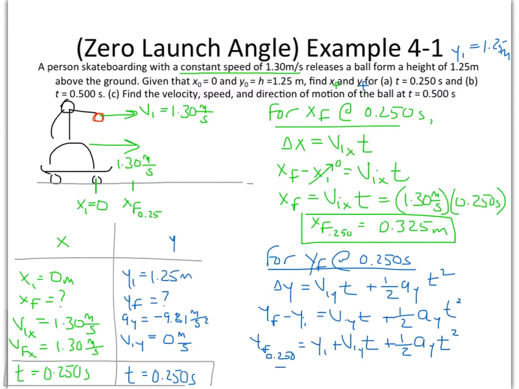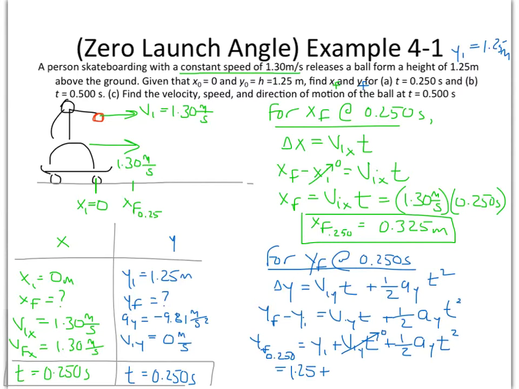All right, so that's going to be equal to, what's our y initial? 1.25 plus initial velocity in the y direction. Well, that's going to go away, right? What is that right there? That's 0, right? So that means this whole part is going to go away. It won't always, but it will in this part because there's 0 initial velocity in the y direction.